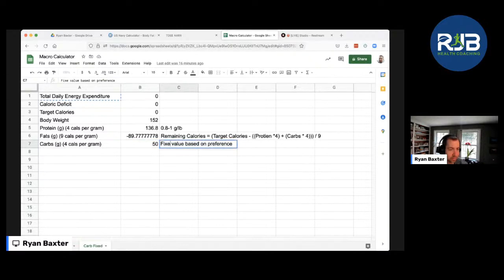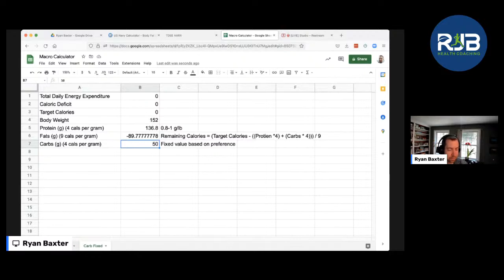I have a typo here, fixed at 50 grams. Maybe you want a more moderate carb approach, so you do 150 grams of carbs or 200 grams of carbs or whatever. You have a fixed amount of carb intake that you want to take in, in which case you would use this sheet because the calculations change a little bit based on your preference.